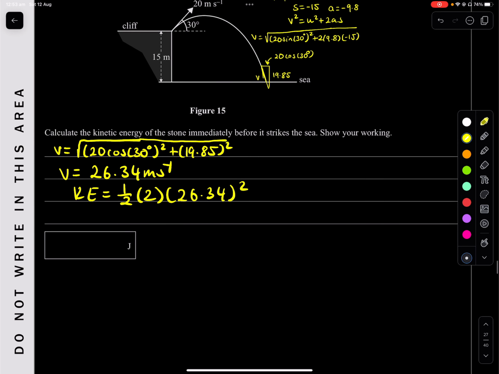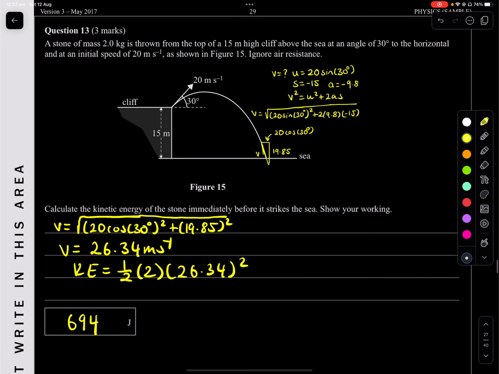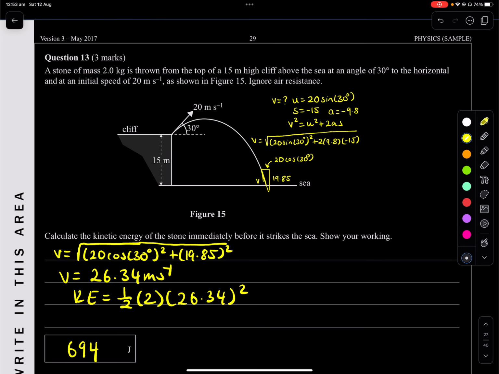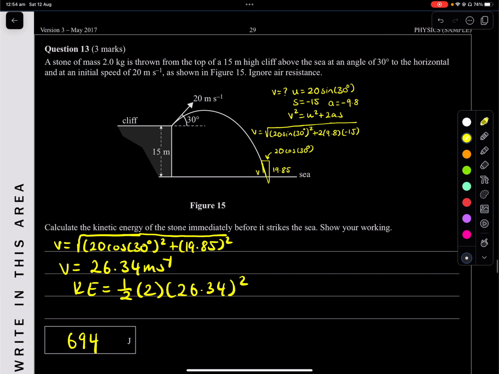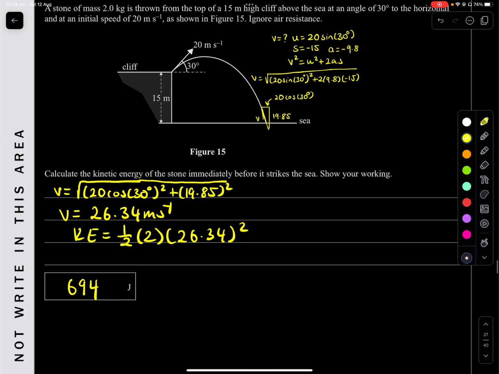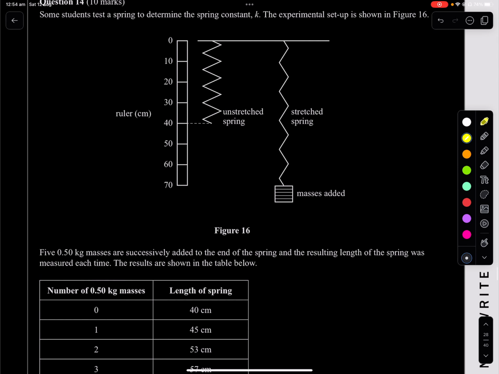Let's just write 694 joules. To be honest, I want to write it in two significant figures, so let's write it as 6.9 times 10 to the power of 2 joules.